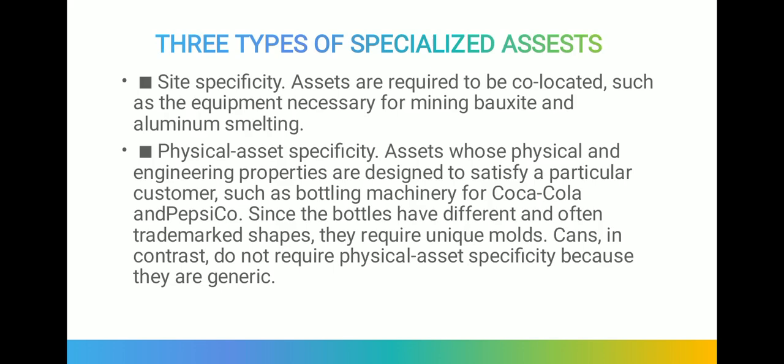Site specificity. These assets are required to be co-located, meaning a natural resource available at a certain location. Physical asset specificity. It is a specialized machine tool or complex computer system designed for a single purpose, like the bottling machinery for Coca-Cola and PepsiCo.